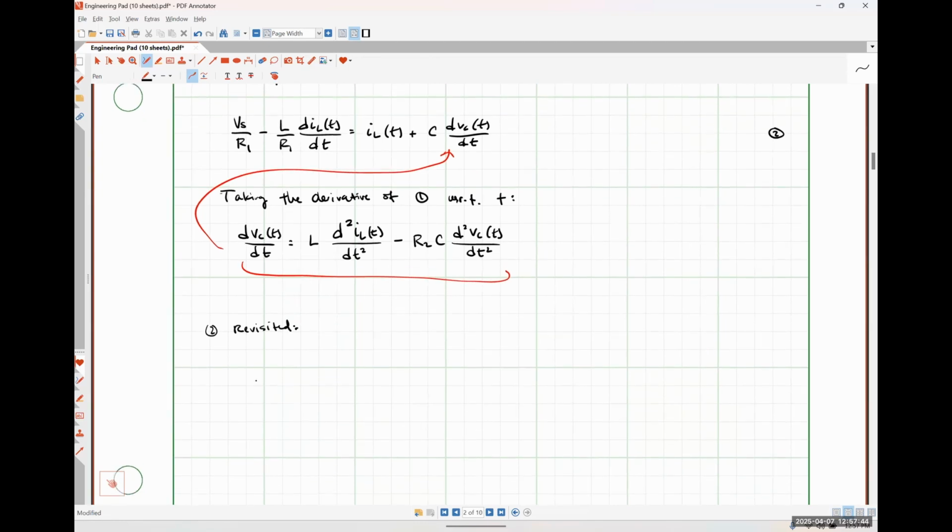Moving things around, I could say that C dV/dt is equal to Vs over R1 minus L over R1 times the first derivative of my inductor current with respect to time, minus IL of t. Did I algebra that correctly?